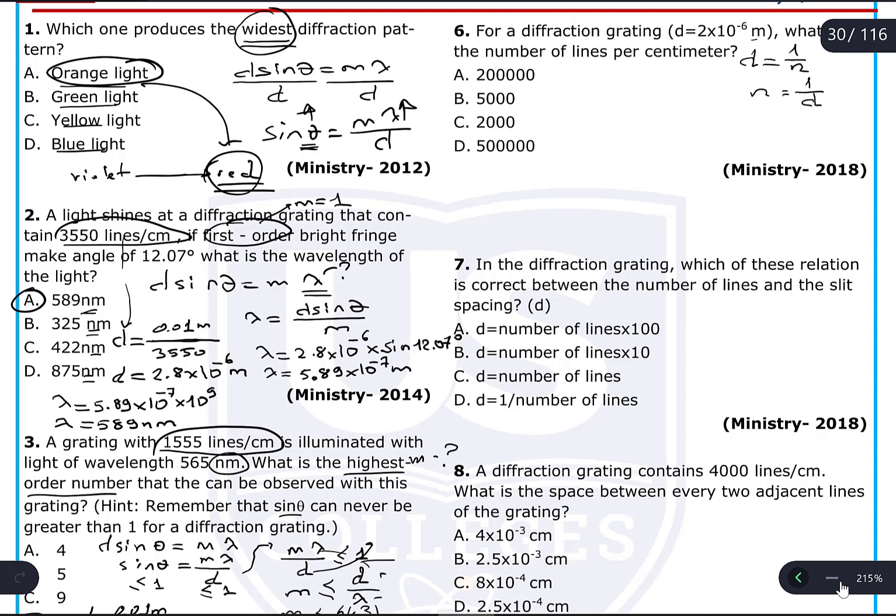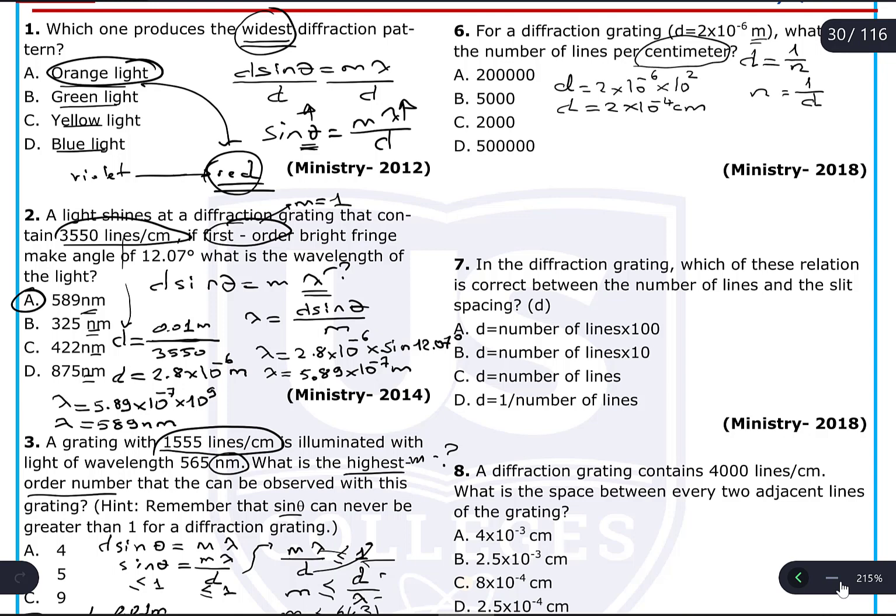D is given in meters, but the answer is given as lines per centimeter. So I will first convert d to centimeter. D is equal to 2 times 10 to the power of negative 6 meter. To convert to centimeter, I have to multiply it by 10 to the power of 2, because 1 meter is equal to 100 centimeter. D is going to be, in this case, 2 times 10 to the power of negative 4 centimeter.